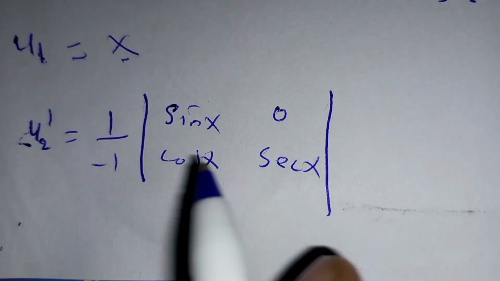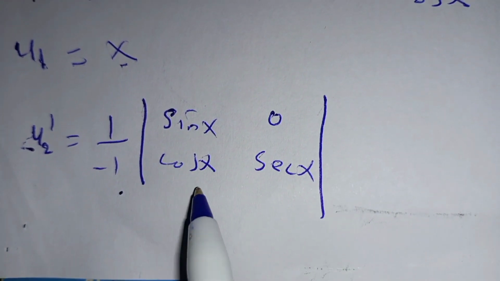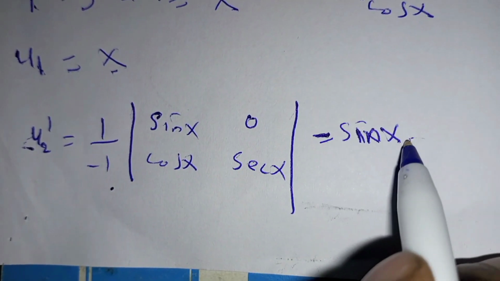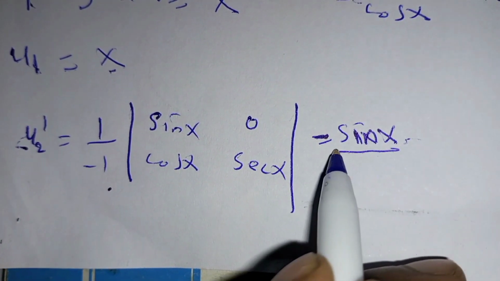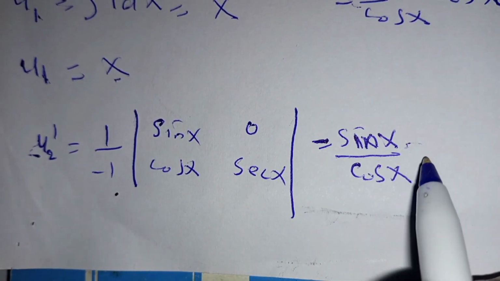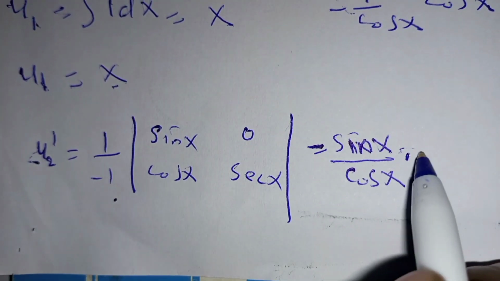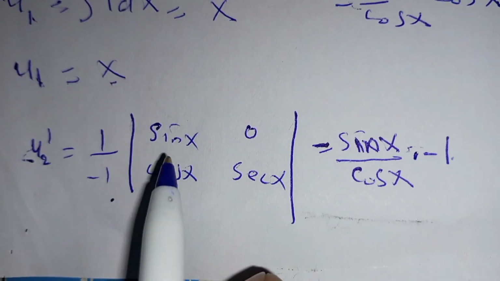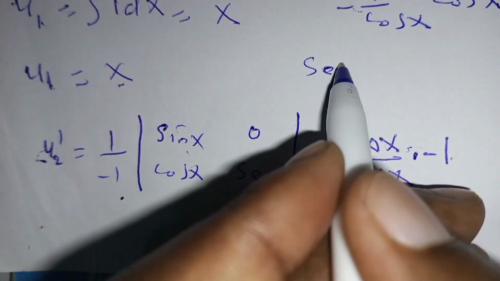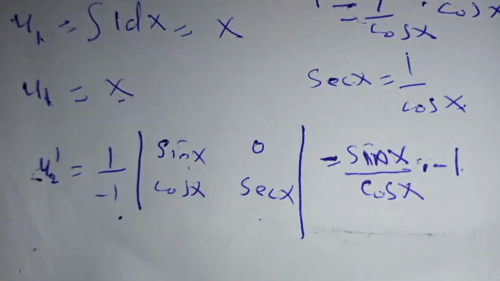Our U2 prime is given by 1 over the Wronskian, which is negative 1, times the determinant of sine of x, 0, cos of x, sec of x. That gives sine of x times sec of x, and note that sec of x is equal to 1 over cos of x.